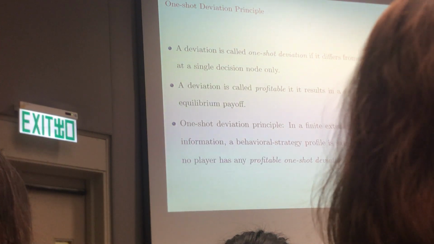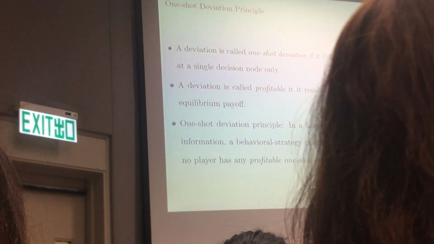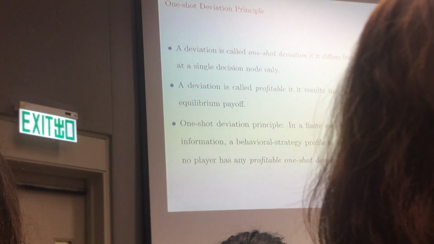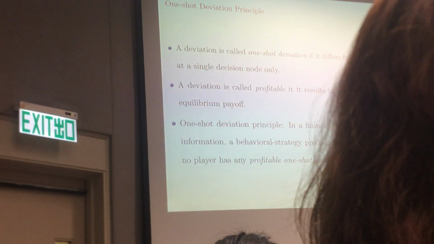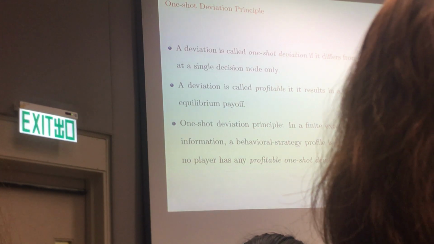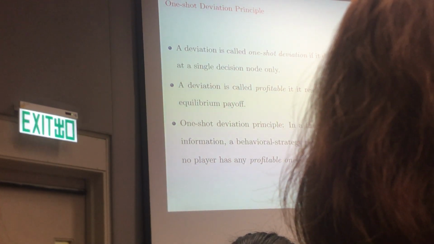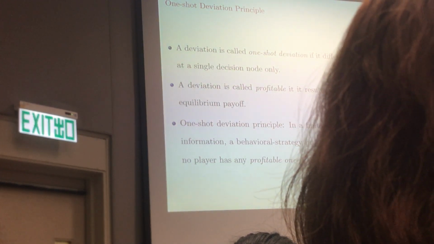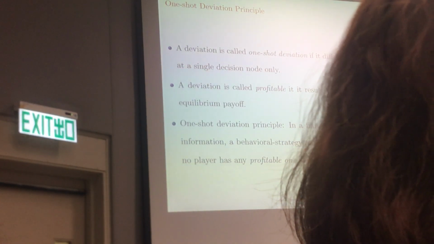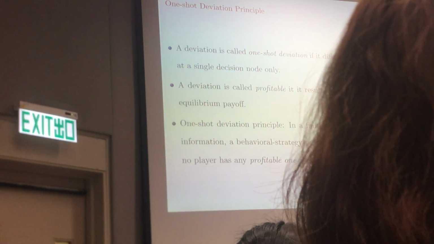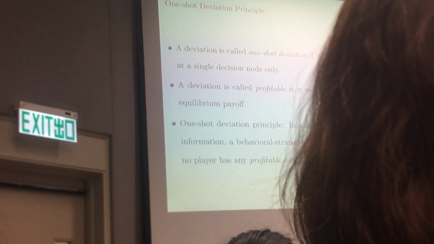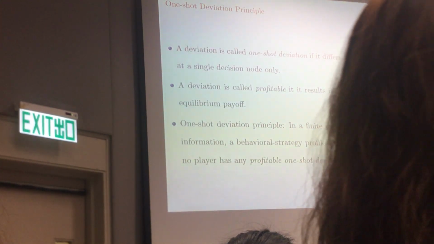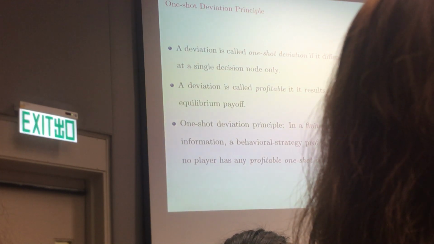So even though the one-shot deviation principle is not generally true for games other than finite games with perfect information, it is still applicable for all the games you can see in my slides, my problem set, my exams, and any games you will see throughout the semester.